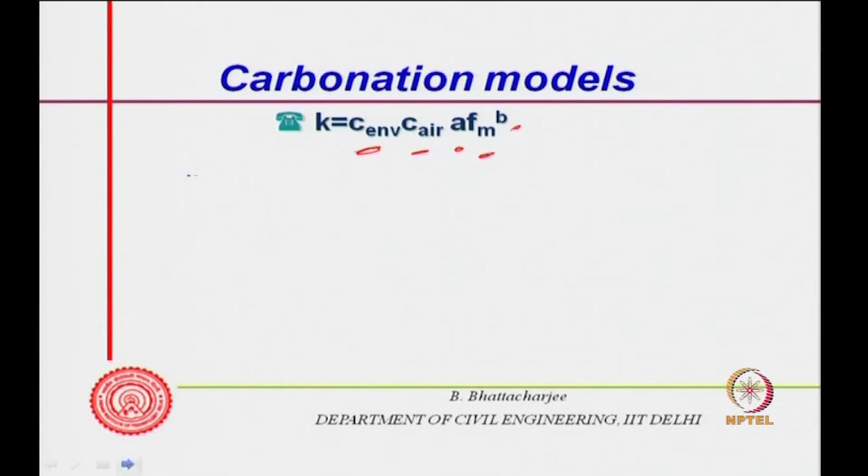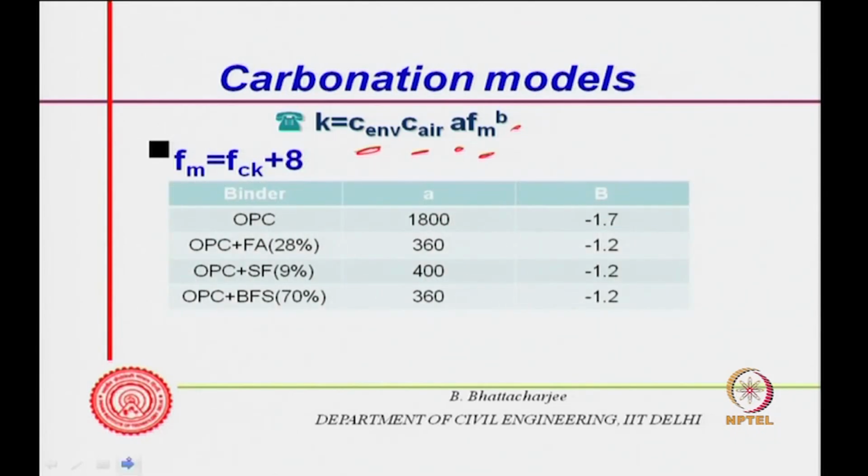So, C environment and C air we have talked about. Now, Fm is equal to Fck plus 8. So, it is the mean strength, actually one can take it that way, and A and B for different combinations of blended cementitious material and OPC are given. For example, for Fm to the power B, for OPC A is 1800.